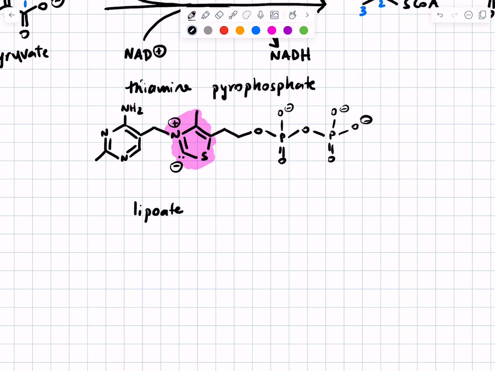The second cofactor is called lipoate, and this is a weird 5-membered ring containing 2 sulfurs with a stereocenter there, several carbons in a chain, a carbonyl, and then a nitrogen. And then it turns out this nitrogen is actually a lysine side chain. So this is the epsilon, delta, gamma, beta carbons of a particular lysine side chain in a protein that's involved in this process.